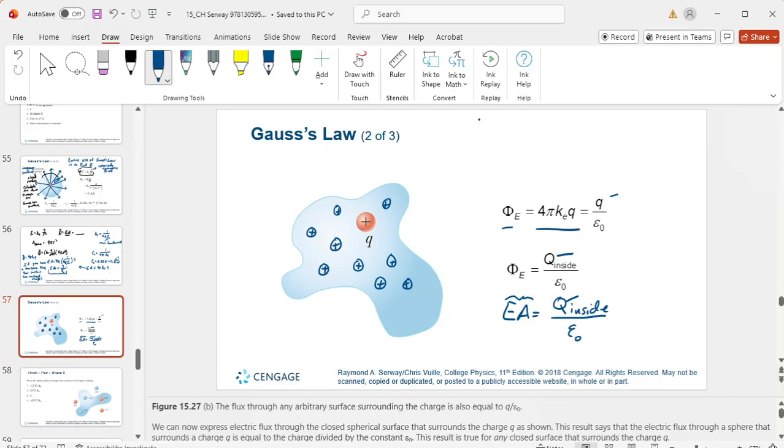So what this is really telling you is that enclosed charge, or charge inside a Gaussian surface, is the thing that's responsible for any electric field in that area, in that region. Electric charge creates electric fields. This is what Gauss's law is telling you.